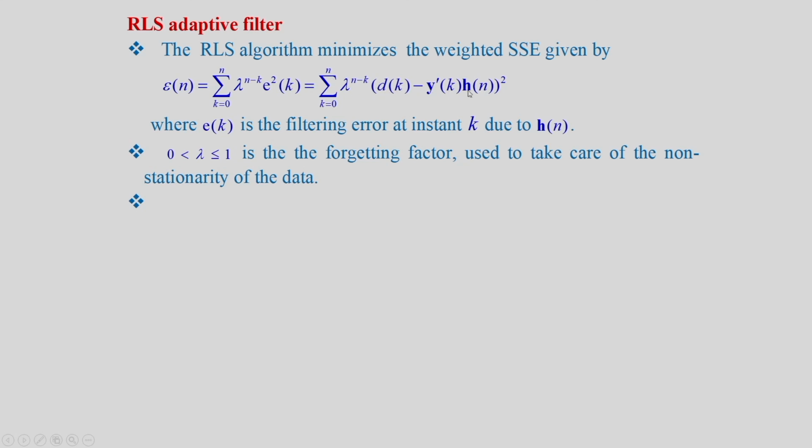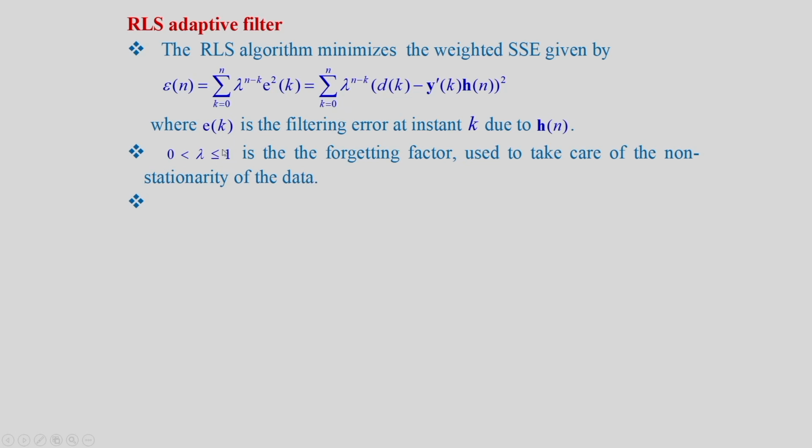And this is important: we are filtering all the past signal values with respect to h[n], the current estimate of the filter, and that way we are determining the error, and these errors are weighted by what is known as the forgetting factor lambda to the power n minus k, and this lambda lies between 0 and 1.